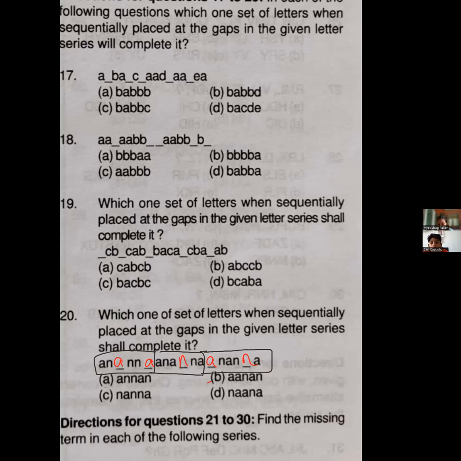Because there are a total of 18 alphabets in this series, if we divide them into groups of six, these three groups are coming the same: ANA, NNA, ANA, NNA. All three groups are the same, right? Because there is a repetition. So which option will be correct? The B one. Okay, fine.